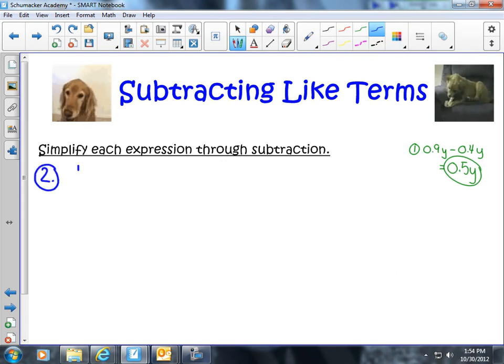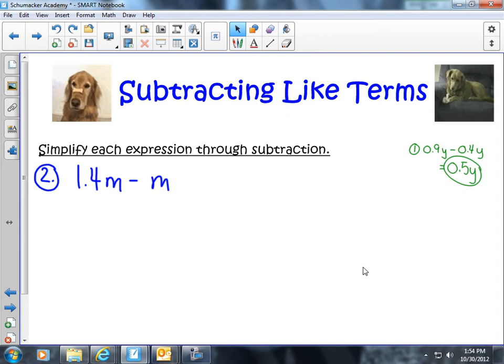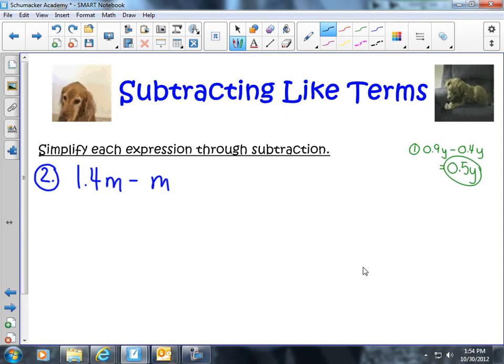Let's say now we have 1.4m, and we're going to subtract m. It's important that you realize, for a problem like this, the identity property. The identity property basically tells you that any number or variable times 1 will get you itself. For example, 1 times 4 equals 4. 1 times 8 gets you 8.